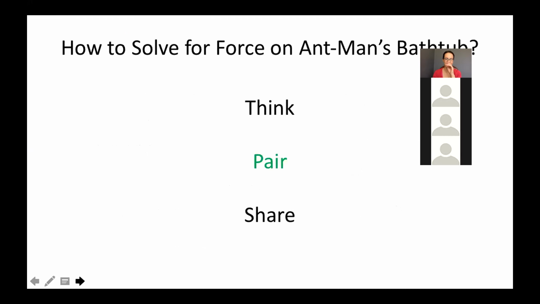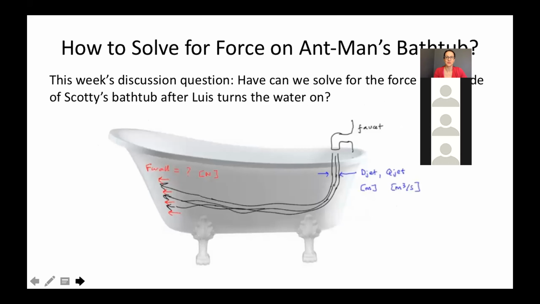But first, just to get us back into things, I don't know how many of you have looked at the discussion question for this week at the beginning of the module, but it's Ant-Man again. If you remember the scene from the movie that we watched in lecture 2 or 3, when Scotty puts on the Ant-Man suit for the first time, presses the button, doesn't know what it's supposed to do, he becomes really small.